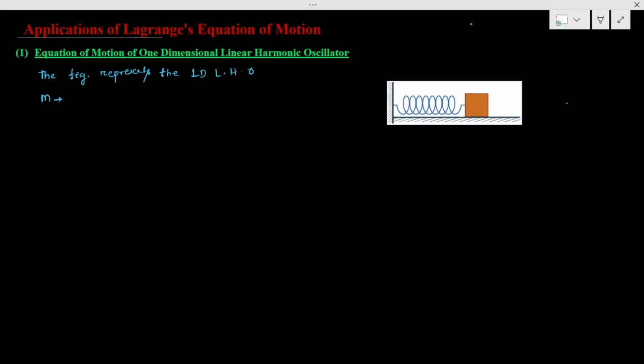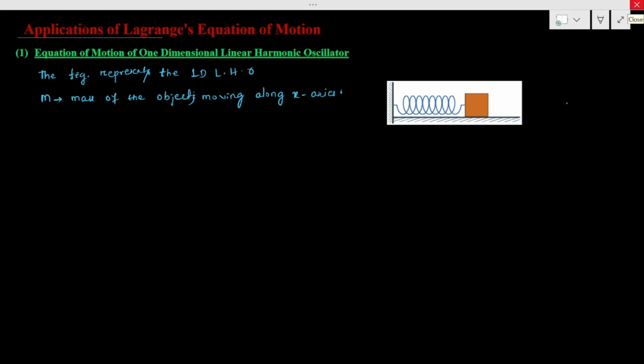M is the mass of the object moving along the x-axis.